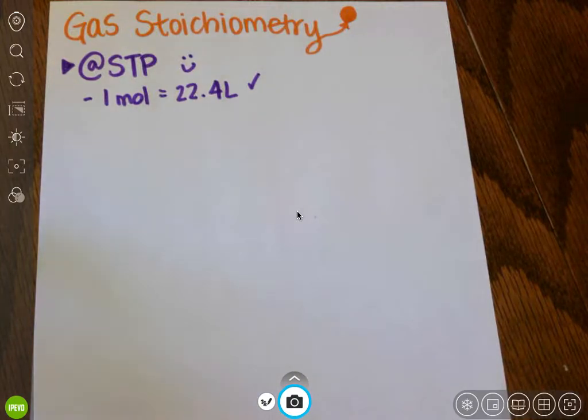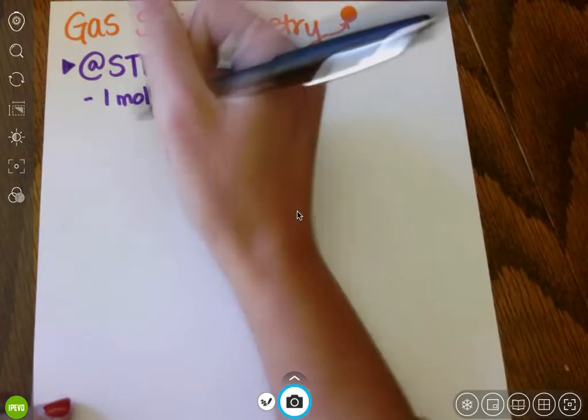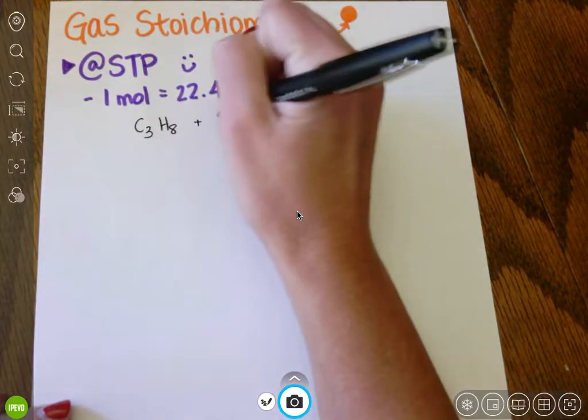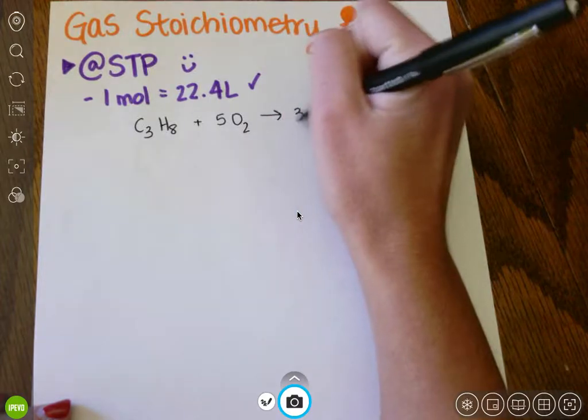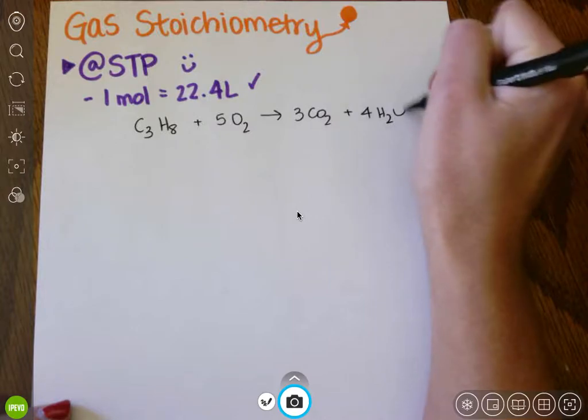So for example, let's just use propane because it's very easy. C3H8 reacts with 5 moles of oxygen to produce 3 moles of carbon dioxide and 4 moles of water, right?